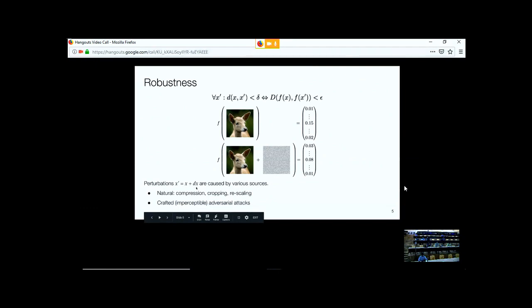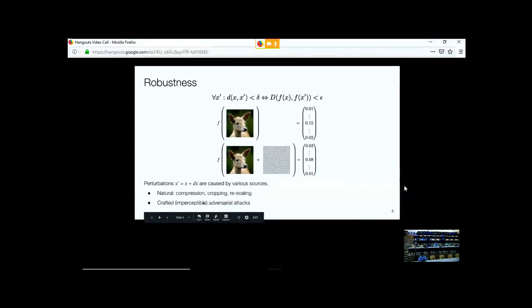So from x, we can add many perturbations dx to violate this robustness property. In the real world, even on the internet, things like image compression, cropping, and rescaling of images can cause these kinds of problematic perturbations.